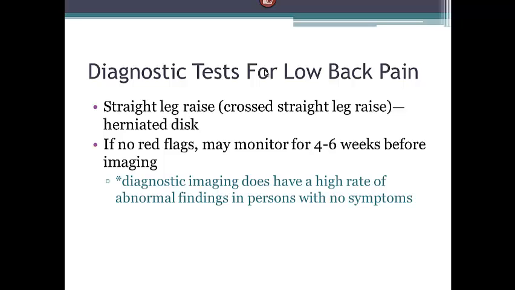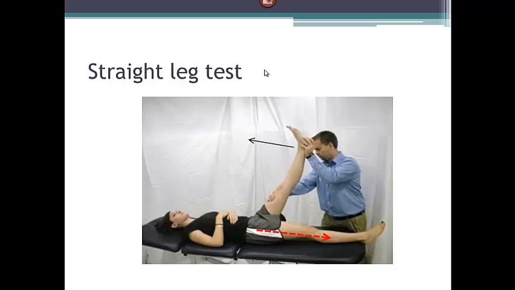If no red flags, you may monitor for 4 to 6 weeks before imaging. And diagnostic imaging does have a high rate of abnormal findings in persons with no symptoms. This is a picture of a straight leg test. And you have another one in your PowerPoint.